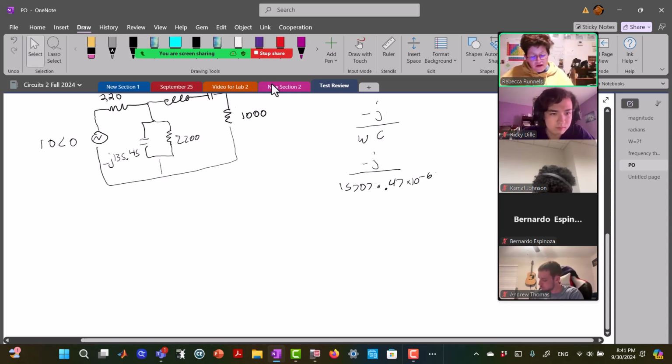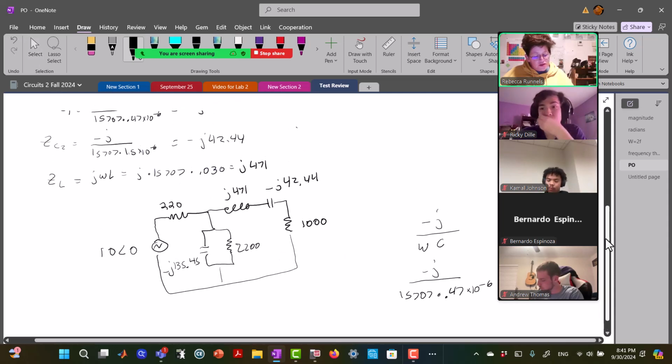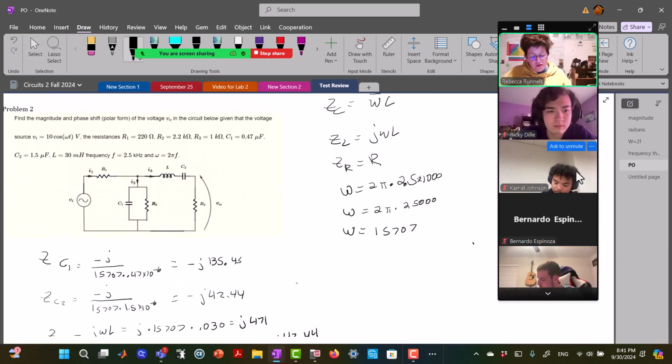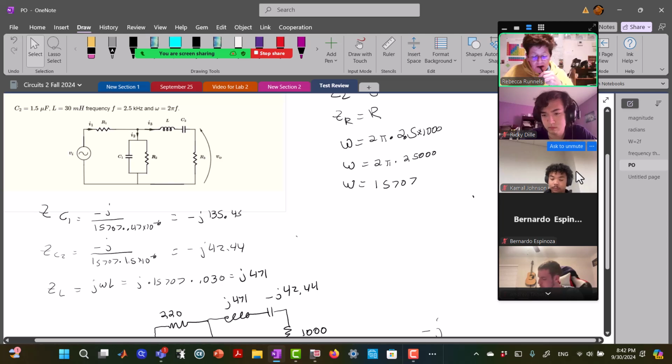Okay. So now the problem is asking us to find the voltage across this resistor right there. If we knew the current right there, then we could find the voltage across the resistor. There are always a million different ways to go about solving a circuit.